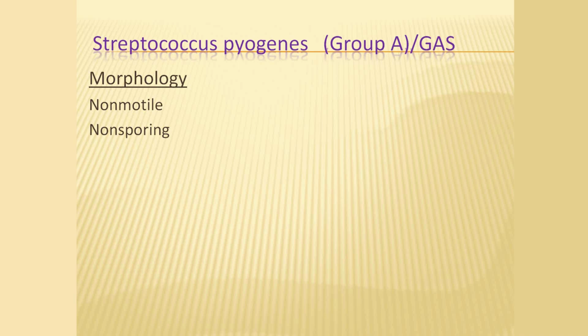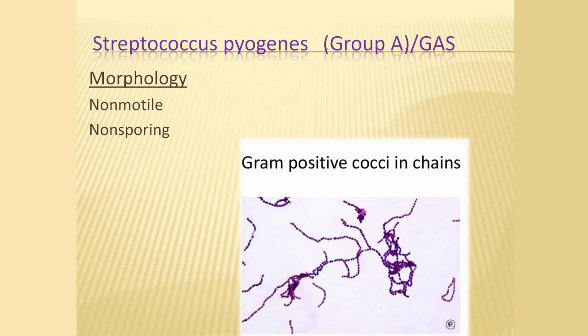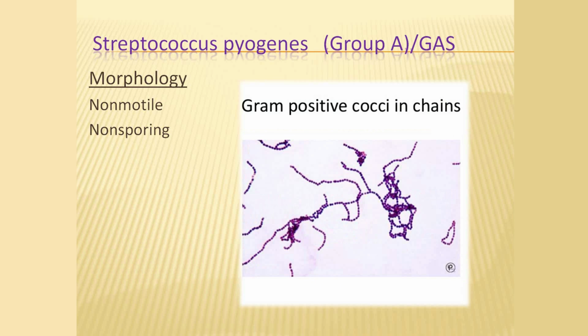We know it is a Streptococcus bacteria, that means it must be a gram-positive cocci arranged in chains. It is non-motile, non-sporing, with no other important morphological features except that when you do the gram staining it appears violet, so you call it gram-positive. It appears spherical in shape, so you call it cocci, and these cocci are arranged in chains. So, that means gram-positive cocci in chains.